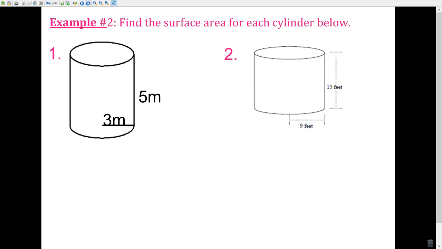Great. All right. So here's 2 cylinders. So we said the surface area equals 2 times the area of a circle, which is pi r squared, which is 3 in this one squared, plus, and I'm going to use that second formula, 2 pi r, which is 3, times the height, which is 5.